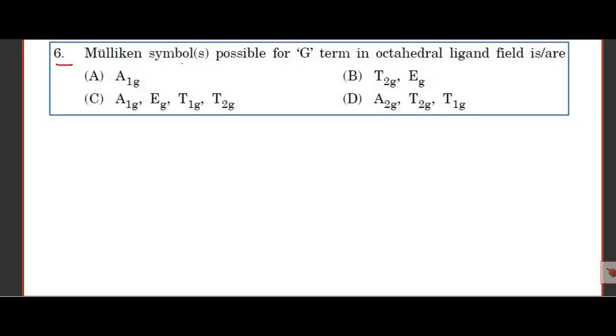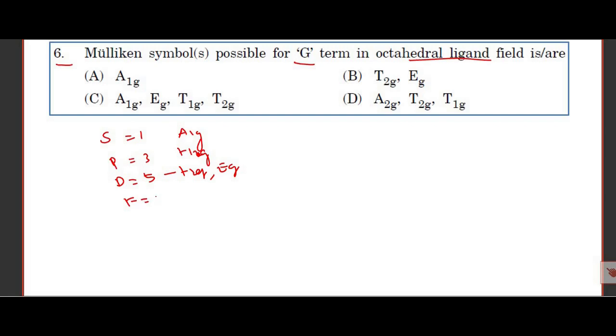Question number 6. Mulliken symbol for possible G term in octahedral ligand field is. Here the Mulliken symbol for S, it is 1, is A1g. For P, it is 3, is T1g. For D, it is 5, is T2g and Eg.